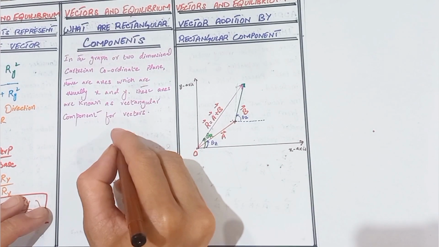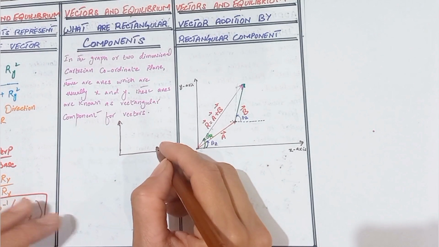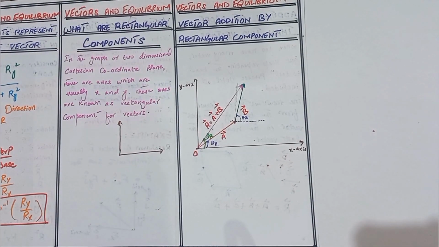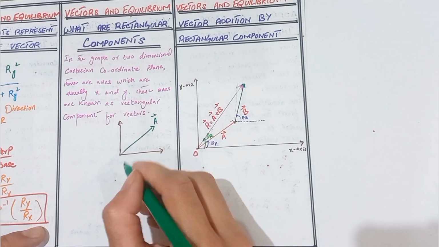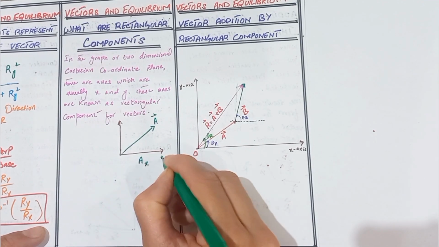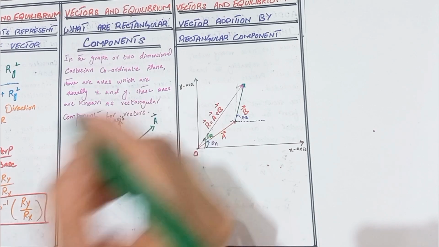Here we represent the vector A in rectangular components. We take a vector A and divide it into two rectangular components: AX along the x-axis and AY along the y-axis.